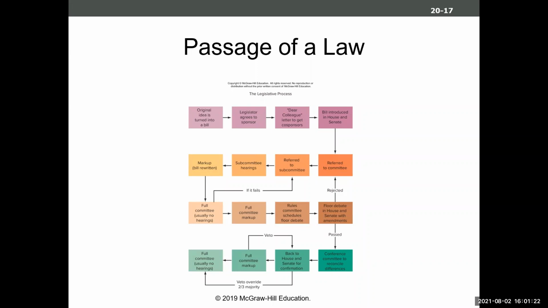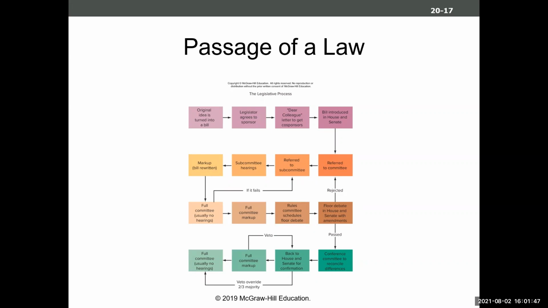Then it's sent to a full committee. If the bill fails, it goes back to the subcommittee and can be reworked. But if it passes, it will go to a full committee markup. Then it will be scheduled for a floor debate, then to the debate. If it's rejected, it can be recycled.